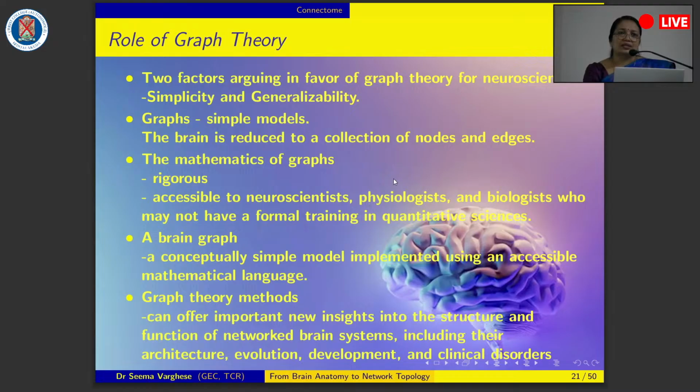Why? Because it is a very progressive disorder, and if it is diagnosed early, at an early stage, it is manageable. In that diagnosis, graph theory and graph metrics will be very useful. I will talk about that later.